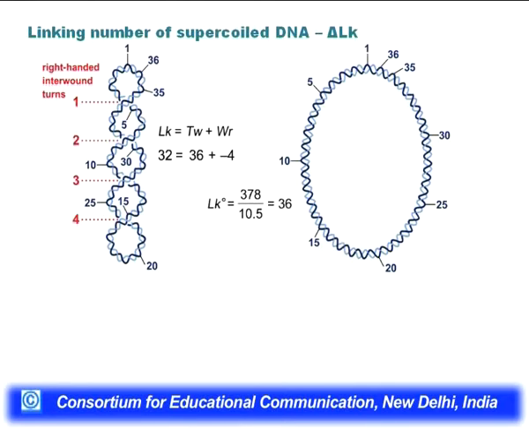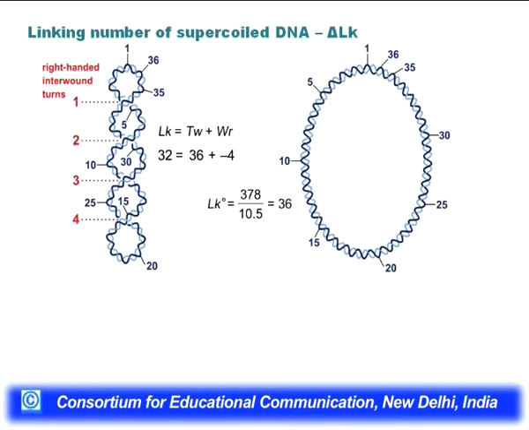The twists are 36, because in a relaxed DNA molecule the TW was 36, but because we have introduced writhes, and recalling that a right-handed helix makes a right-handed interwound turn, the writhe will take a negative value. So, 36 plus minus 4 will give a linking number of 32.